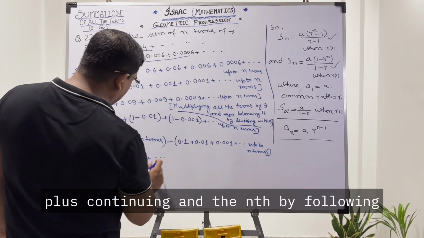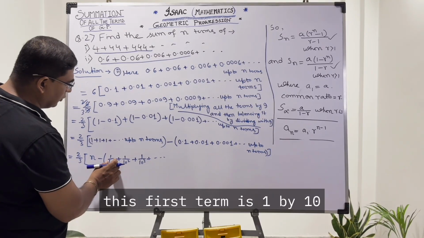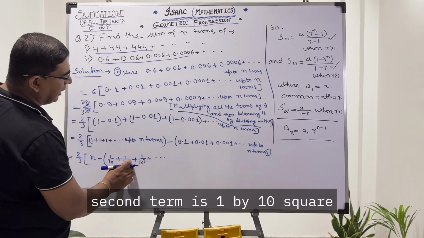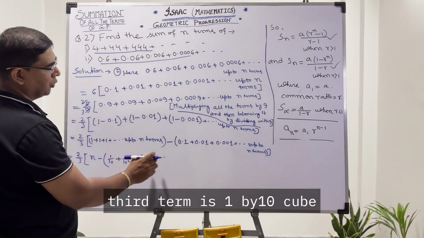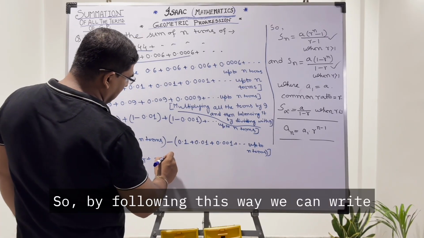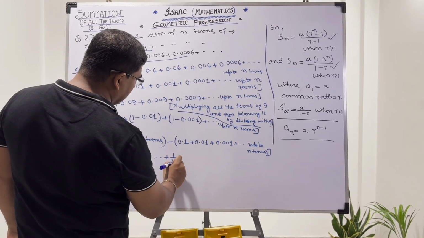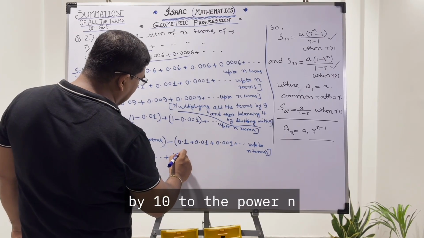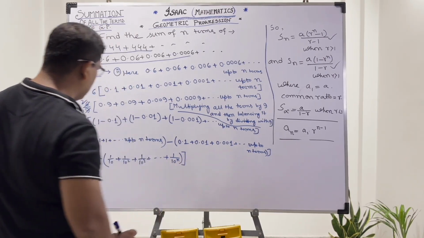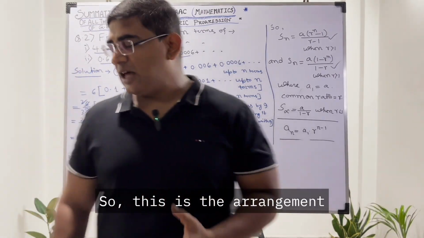Following this, first term is 1 by 10, second term is 1 by 10 square, third term is 1 by 10 cube. So by following this way, we can write nth term as 1 by 10 to the power n. Okay, so this is the arrangement.